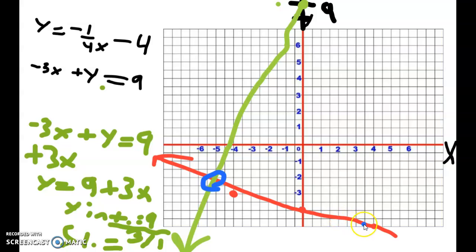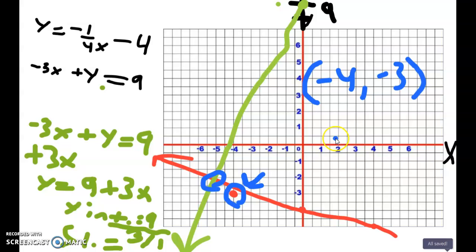This dot, because we went up and then we did this backwards, and it is right here. The graph will come down and it will meet right at this actual spot. So the solution to this problem would be -4, and you go down -3. This is the solution to this problem.